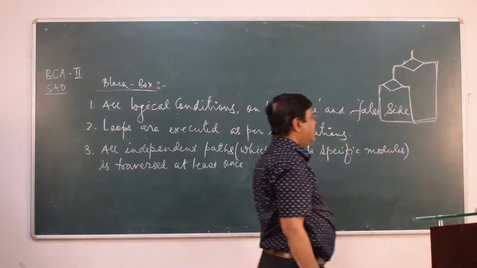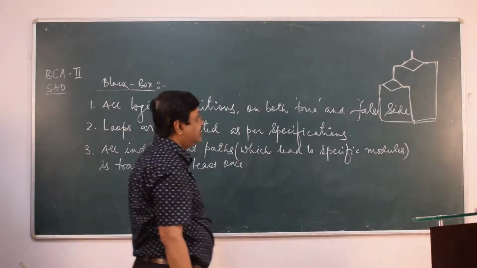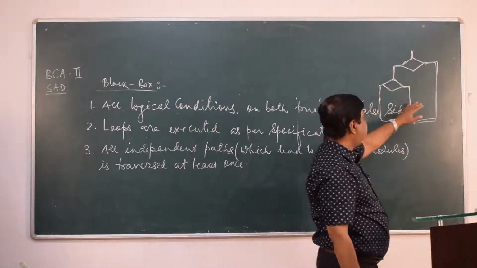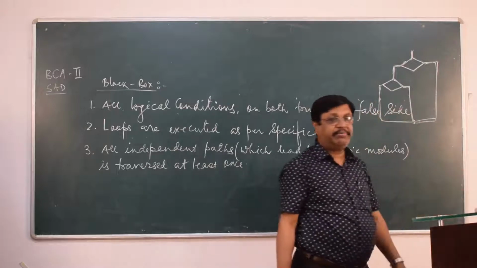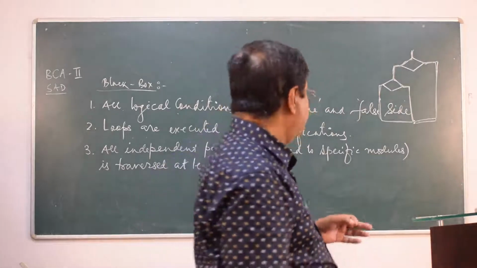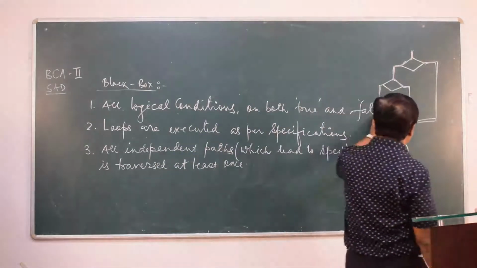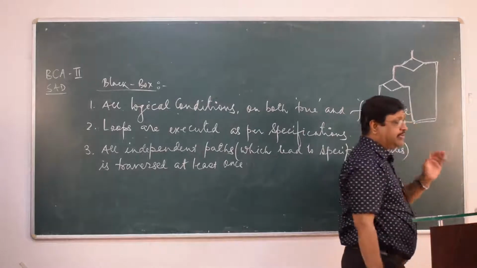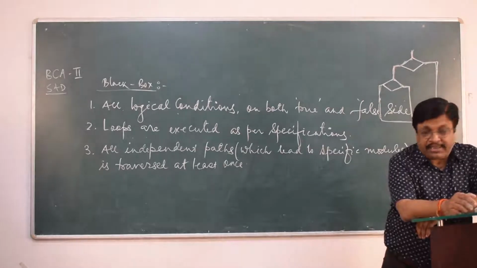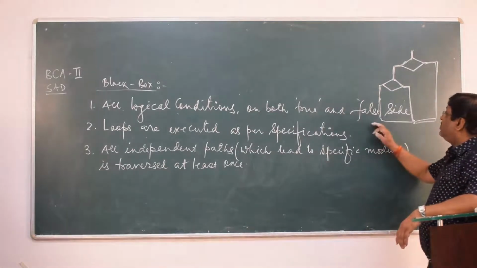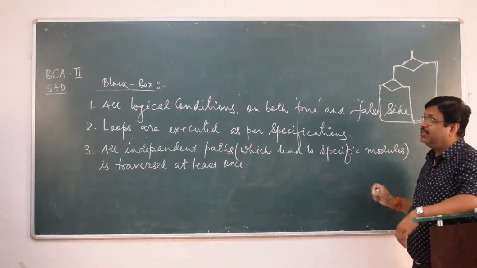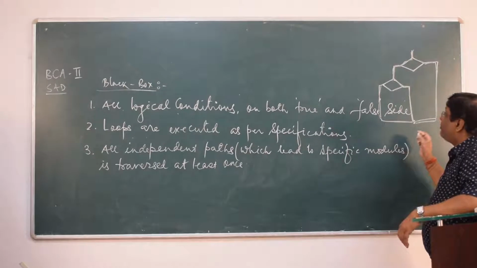We have to check whether the software executes all the independent paths at least once in its entire life cycle. If a path is not traversed at least once throughout its life cycle, it means that path is unnecessary.